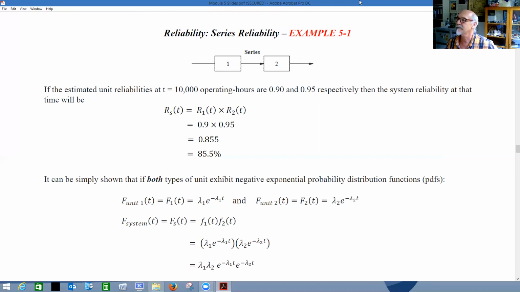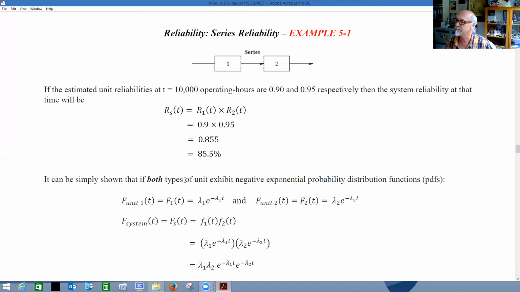So in this case, if the estimated unit reliabilities at t equals 10,000 operating hours are 0.90 and 0.95 respectively, so 0.95 for that unit and 0.90 for that one over a 10,000 operating period, then the system reliability at that time will be, as we said, the product of those 2 things. So it's about 85.5%.